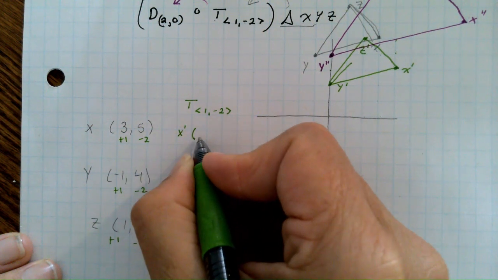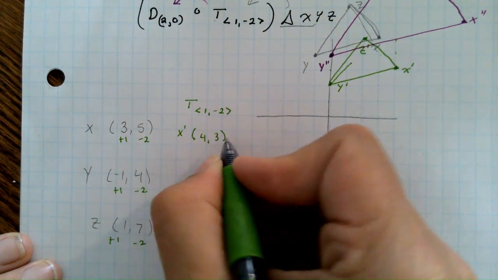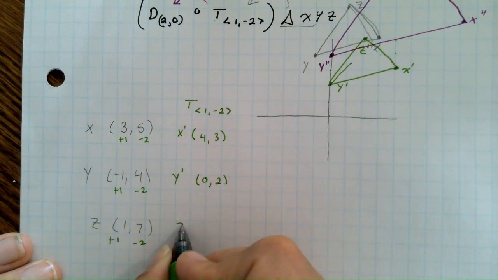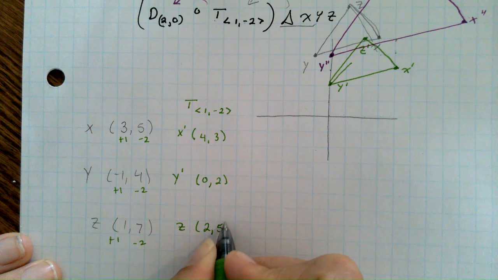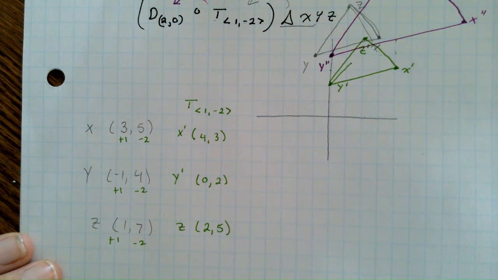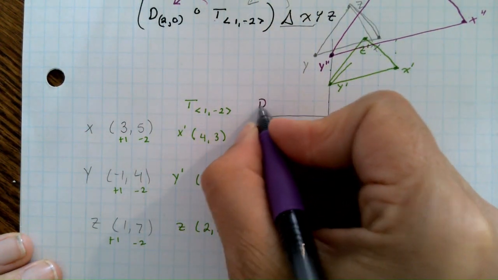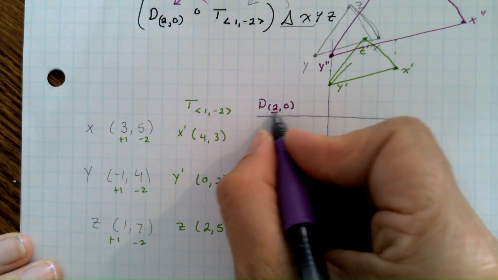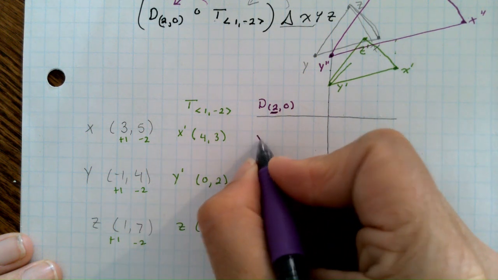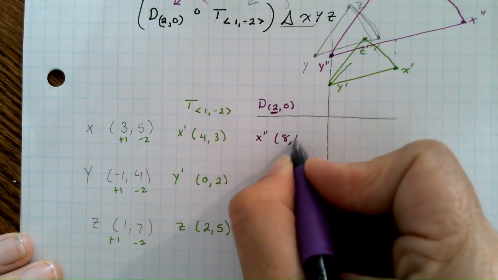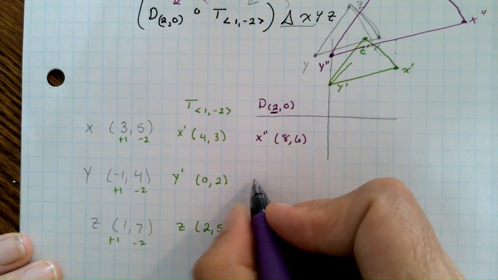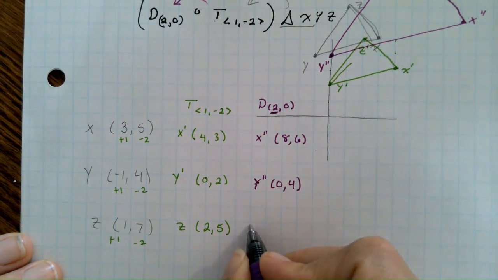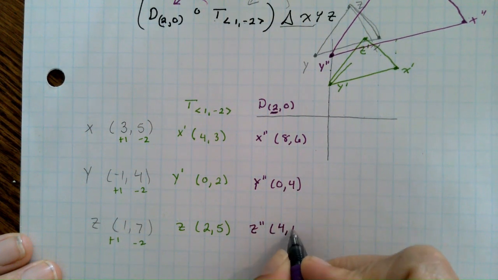That gives us X at (4, 3), Y at (0, 2), Z at (2, 5). Then we needed to dilate, and because it was around the origin, we can just use our scale factor on our coordinates. So (8, 6), (0, 4), (4, 10).